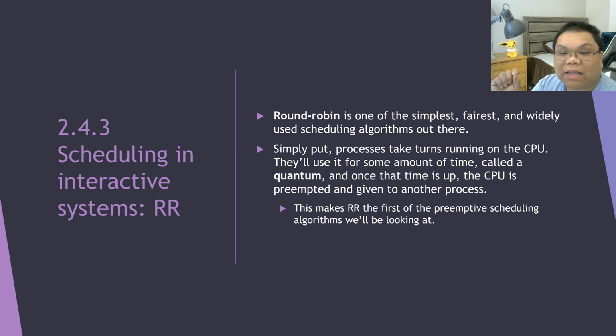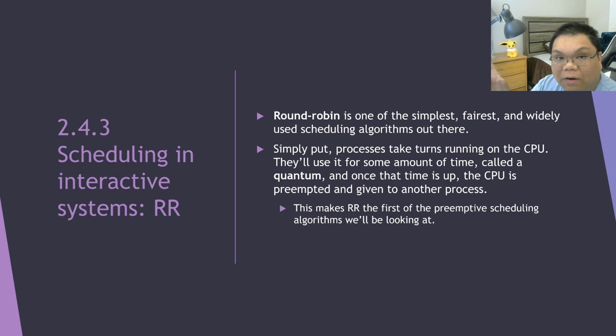So, a process is allocated the CPU for some amount of time, say 100 milliseconds. During that time, it's going to use the CPU. If the 100 milliseconds is up, it's time for the next process to run.